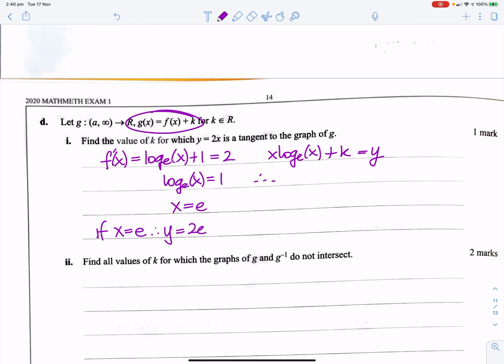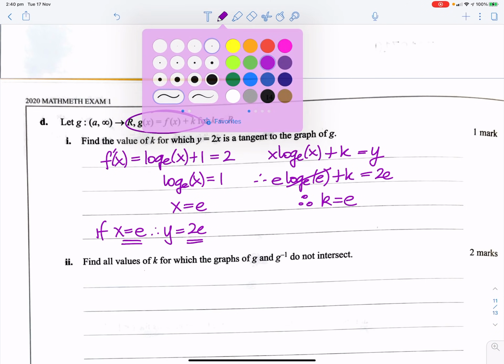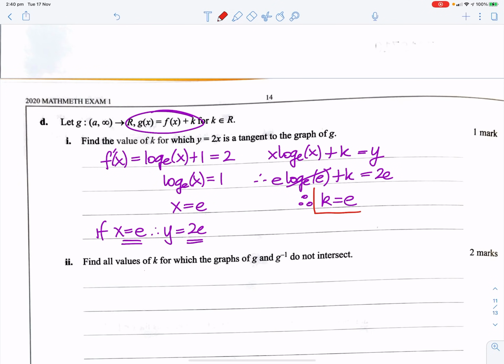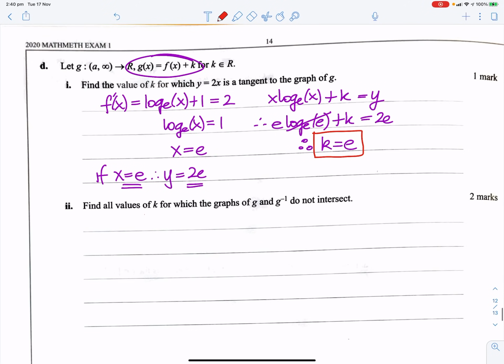Therefore, e log e of e plus k is equal to 2e. So I subbed in x equals e and I subbed in y equals 2e. We know that's 1. If we subtract e from the other side, we get k is equal to e. So if k is equal to e, y equals 2x is a tangent to the graph of g.